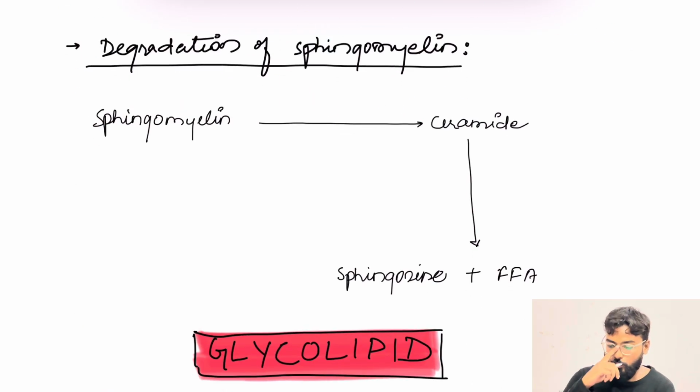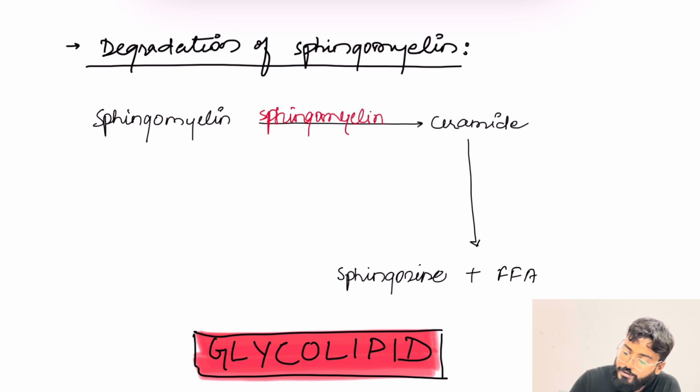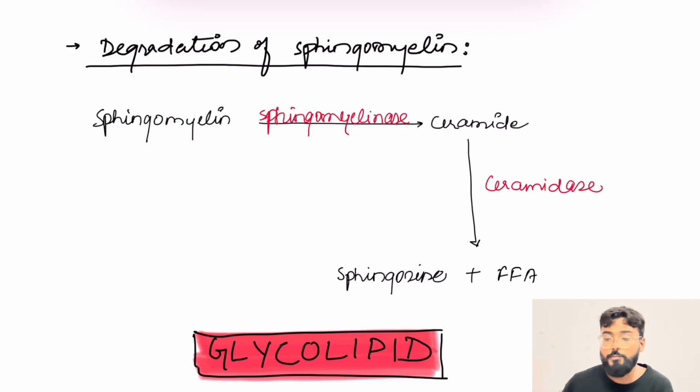Now moving on to degradation of sphingomyelin, how it is being broken down. Sphingomyelin, when acted upon by sphingomyelinase, forms ceramide, and when ceramide is acted upon by ceramidase, it forms sphingosine and fatty acid.